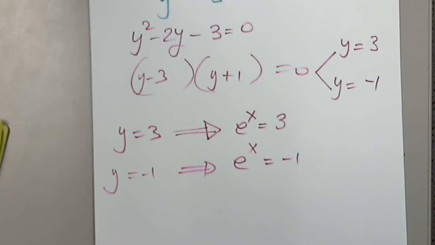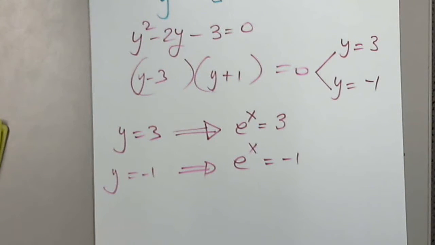How do I do that? I'm asking myself, say it again. So we have e to the x equals 3. So I'm asking myself, what is it? Okay, it's exponential. Can I present e and 3 with the same base? Oh, no. So then what do I have to do?